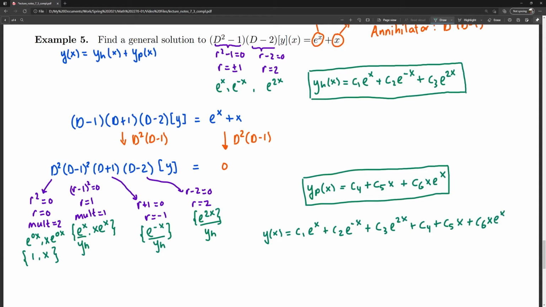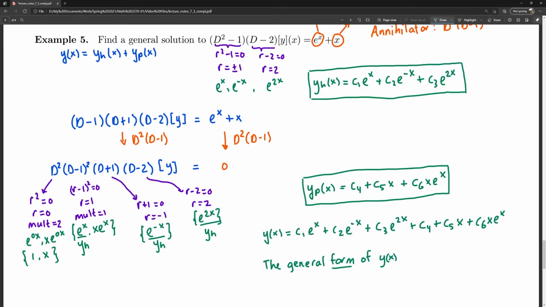And this is the general form. It's the form of y of x.